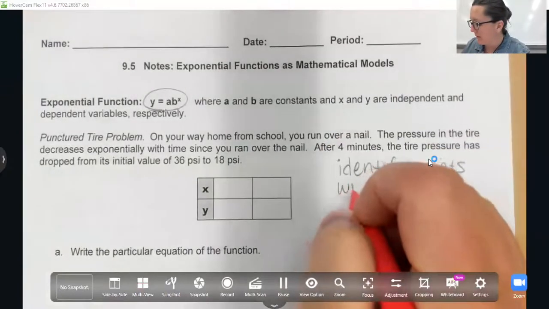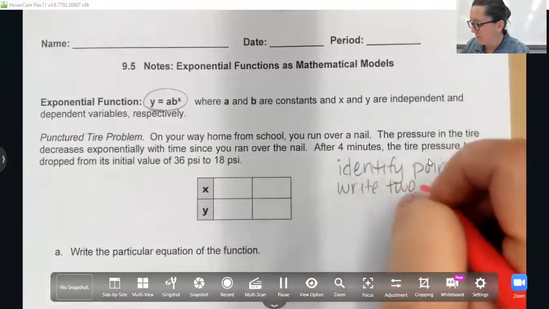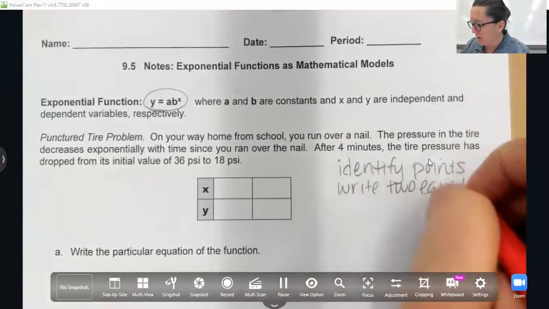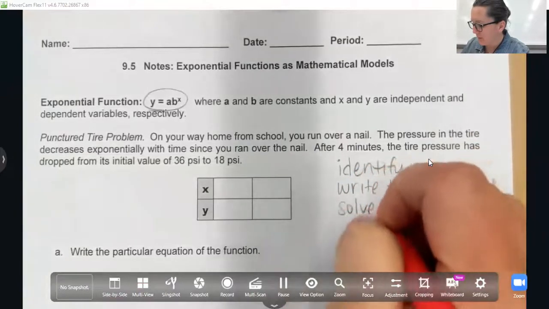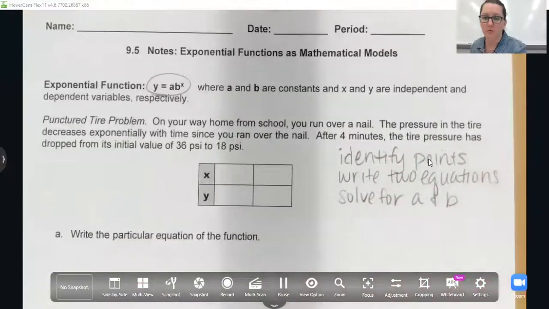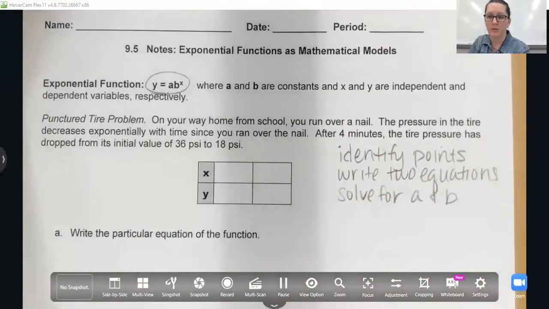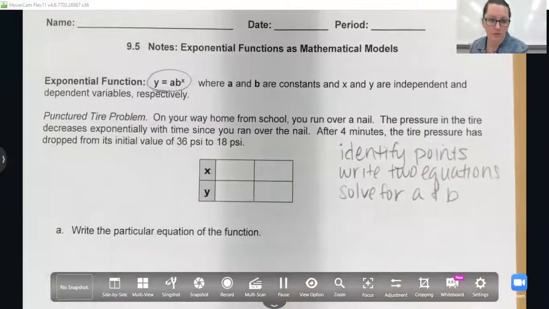That'll be my second step. And then we'll solve for A and then B, because eventually we want to write an equation where we can plug in any X or Y value and find the opposite.